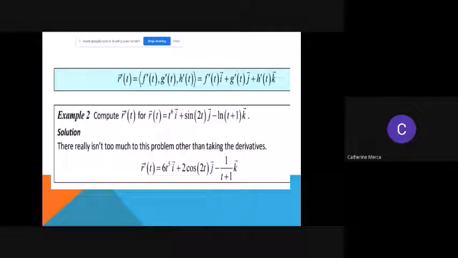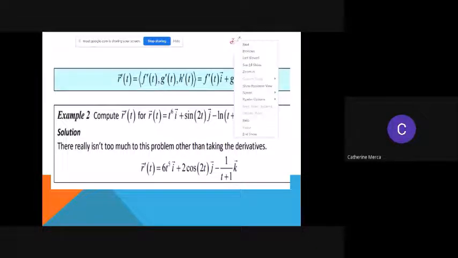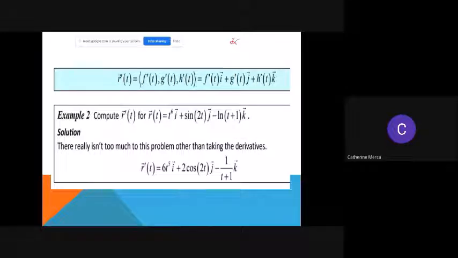What's the derivative of u to the n? Power rule. That is n u to the n minus 1 du. Correct? So from here, you have t to the 6. So the derivative of that is 6t to the 6 minus 1, which is 5. Yes. How about the derivative of sine of 2t?